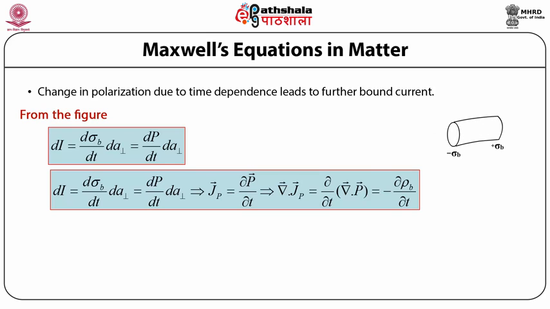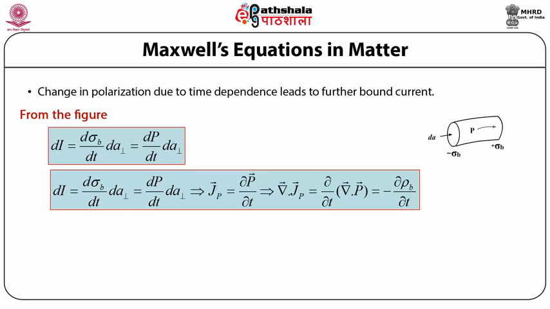Similarly, the current density vector J due to the electric polarization is given by vector J subscript P equal to del by del t of vector P, that is the time variation of the electric polarization vector, so that when we take the divergence of the current density due to the electric polarization, that is del dot vector J subscript P, it is equal to del by del t of divergence of the electric polarization vector P. And from the continuity equation, we know that the divergence of the electric polarization vector is nothing but the volume charge density of the bound charges.